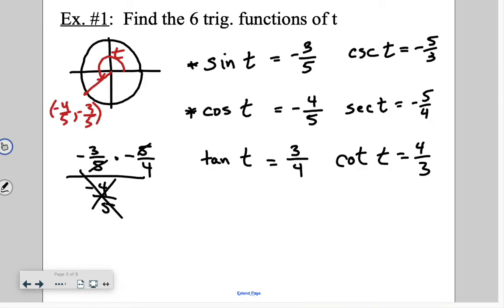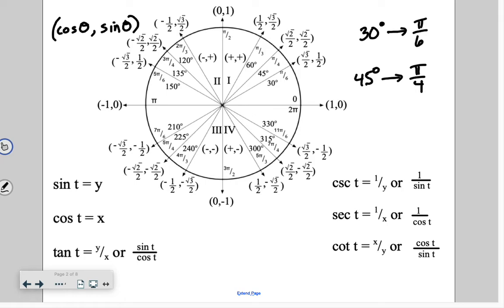Here's the idea. If I start here, and let's say I talked about 30 degrees, we end up at pi over 6. What if I asked you where would we end up on our unit circle if I went 390 degrees? It's the same spot, right? Because you would go a positive 360 plus the 30.